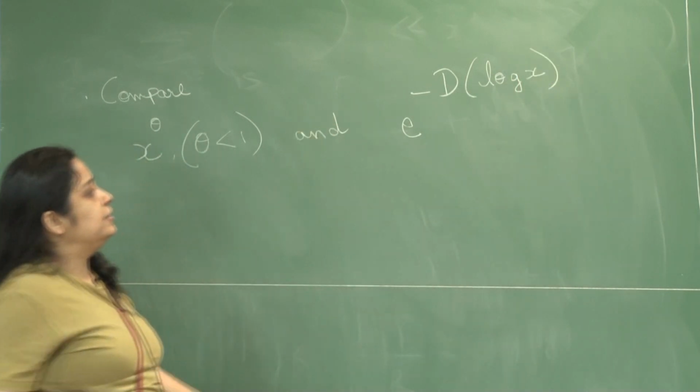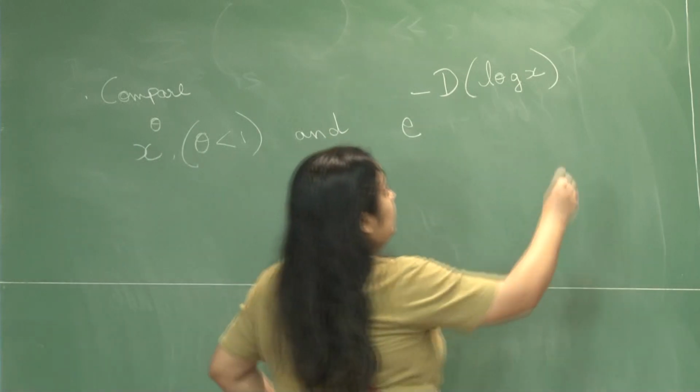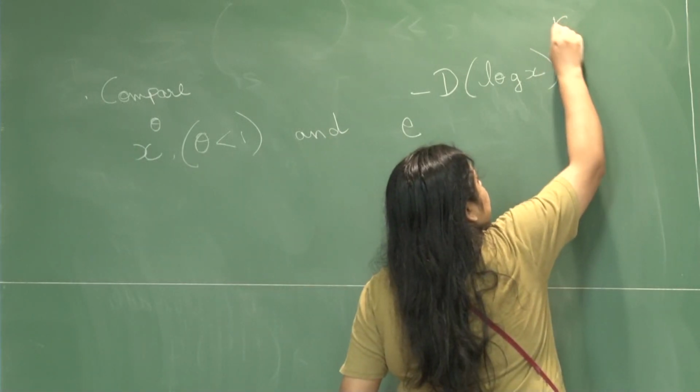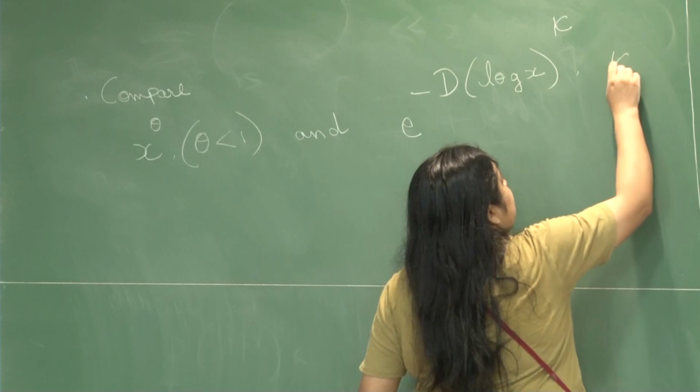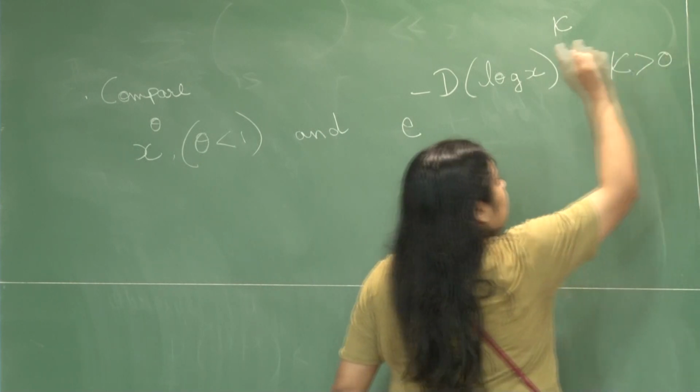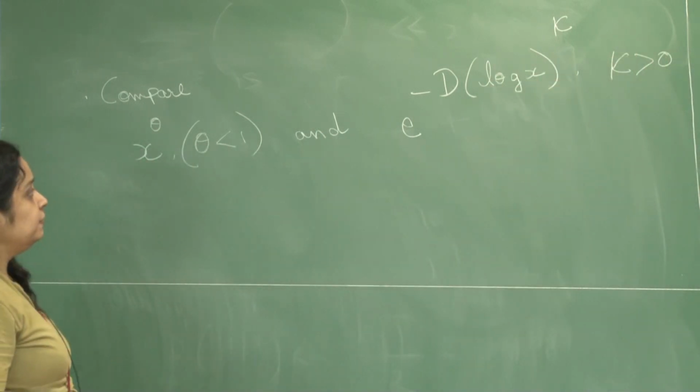So, e raised to the minus d times some really tiny power of log x, where let's start with kappa to be something positive.